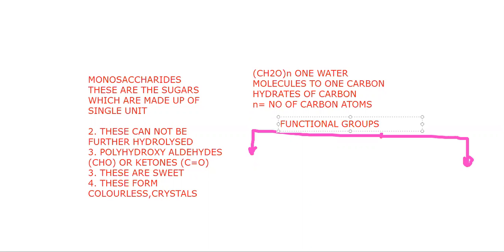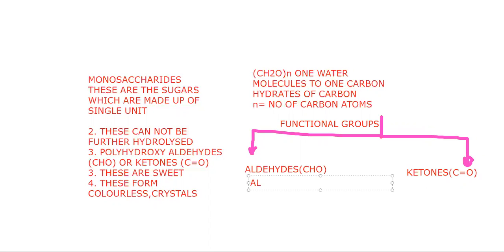They can be of two types: they can be aldehydes, where the aldehyde group is as I already showed you, and they can be ketones, and they are like this. C double bond O is the ketone group.